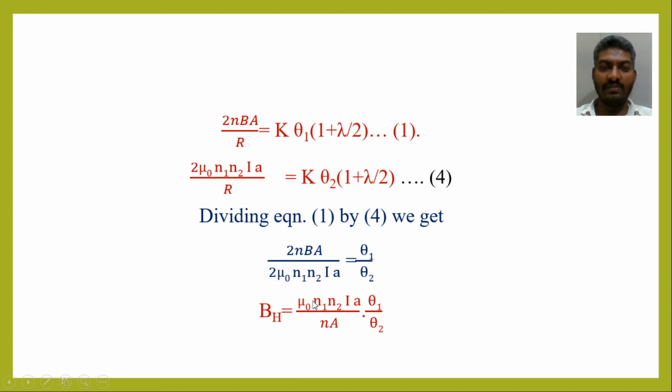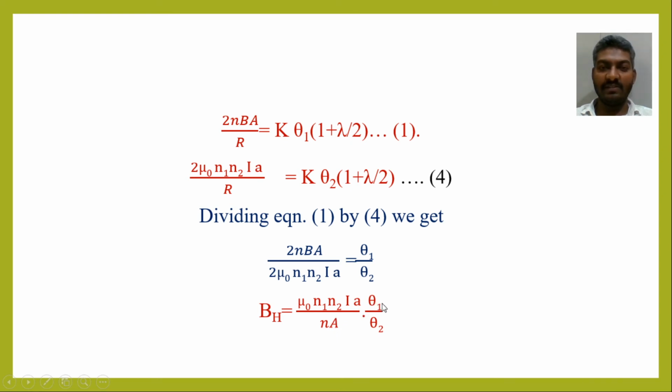Here mu naught is a constant, N1 is the number of turns in the primary coil, N2 is the number of turns in the secondary coil, I is the current, A is the area of each turn in the secondary coil, N is the number of turns in the earth inductor coil, A is the area of the coil in the earth inductor.